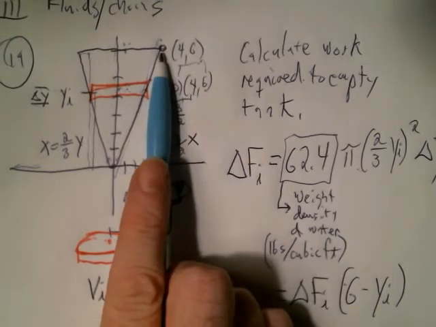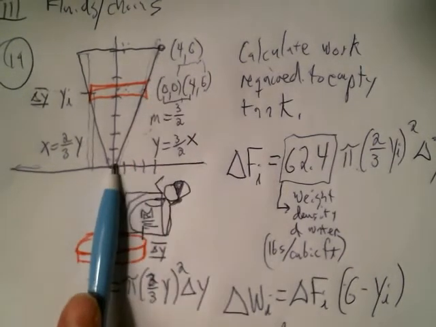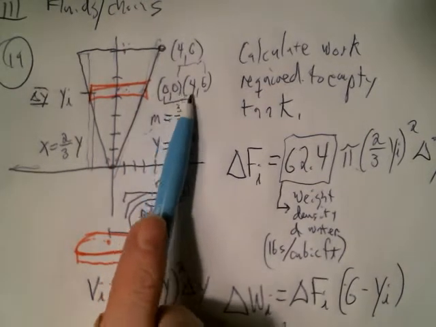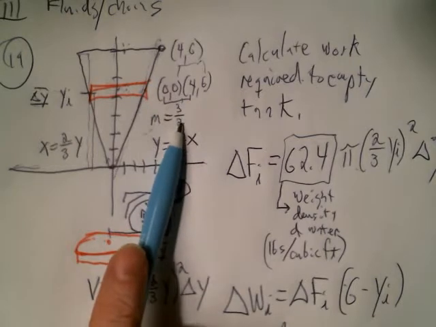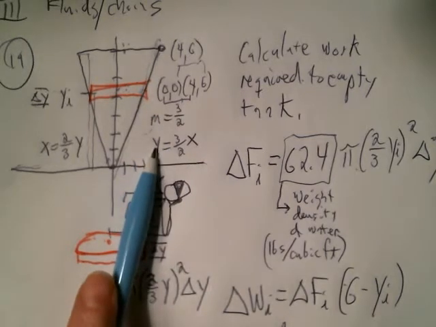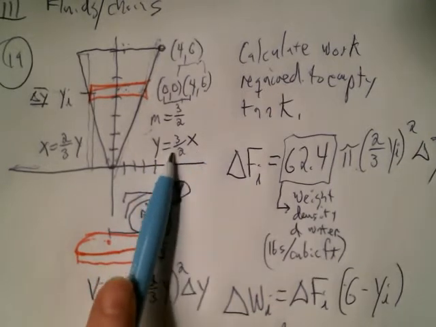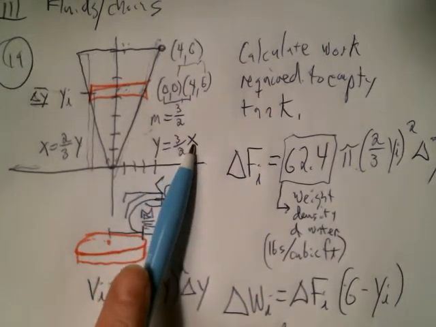In order to figure out the equation of that line, I had to figure out the slope of that line. So I have this point given as (4, 6). This point is given as (0, 0). So the slope is 6 minus 0 over 4 minus 0, which is 3/2. And so using point slope form, y minus 0 equals 3/2 times x minus 0, which is y equals 3/2 x.